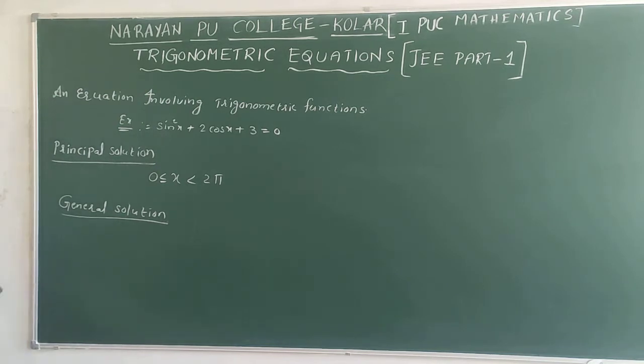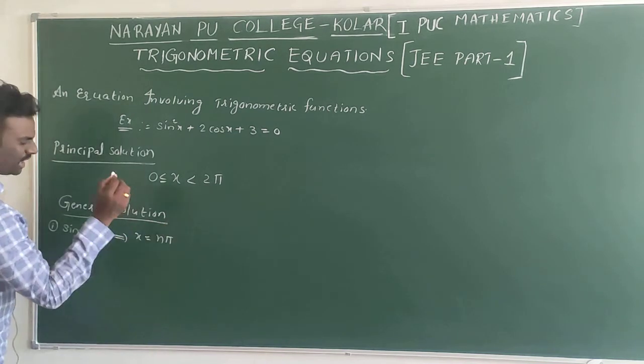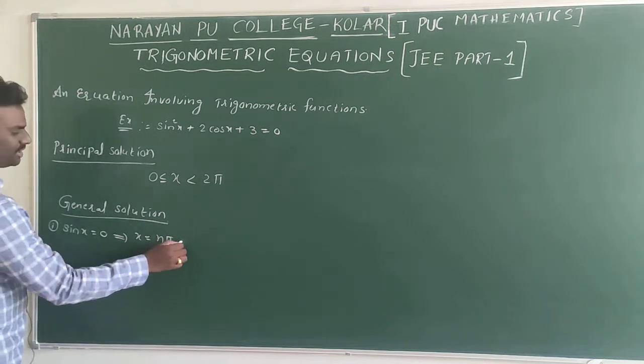In general solution, first, if sin x is equal to 0, then the general solution is x equals to n pi, where n belongs to z.